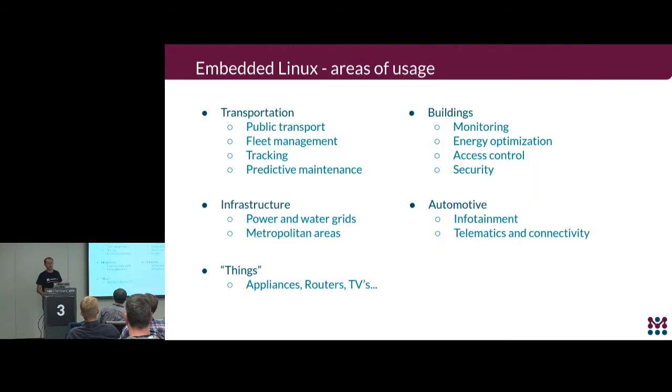Areas of usage: it's fairly common in transportation, public transport, fleet management, tracking, predictive maintenance, and this is where I have quite a lot of history working. Automotive, infrastructure, appliances, routers, TVs.